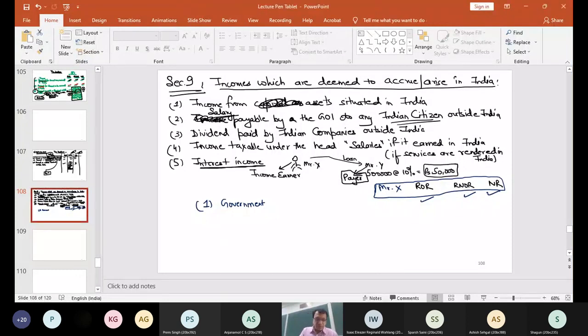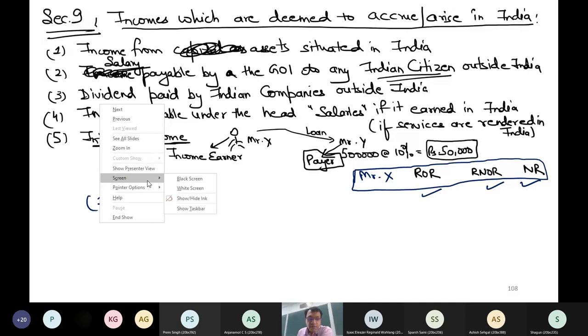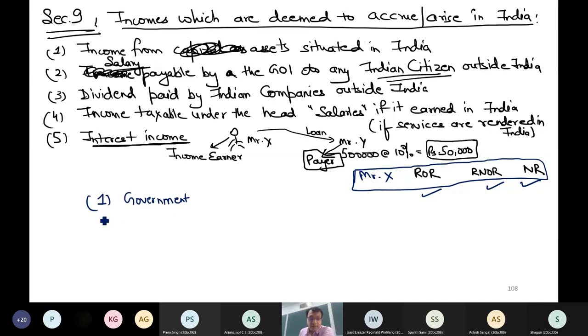Now, for example, the government has not borrowed. I can give my amount to anyone at some interest. Now, suppose the person who has borrowed is a resident. Do remember what I am saying. Second point: the person who has borrowed. Who is the borrower? In the first case, it was the government.